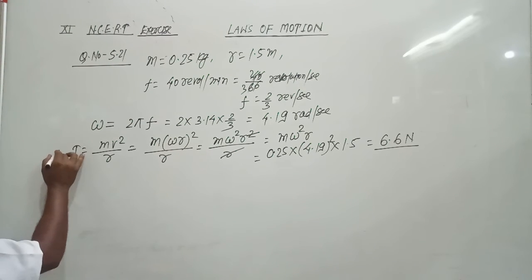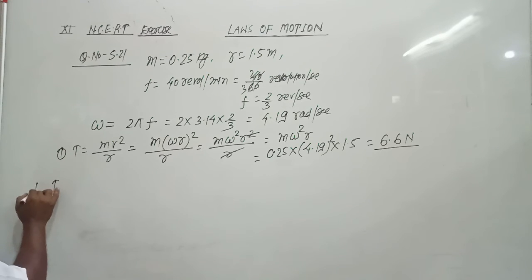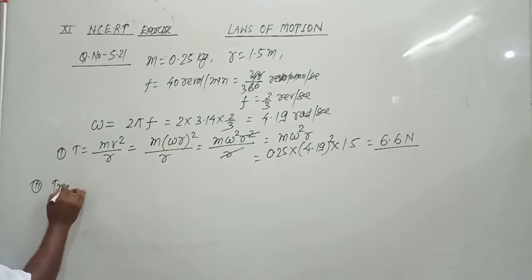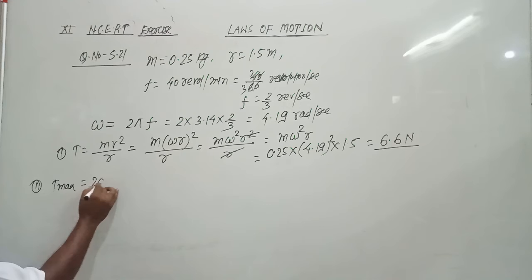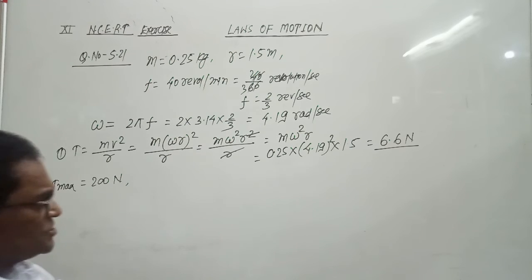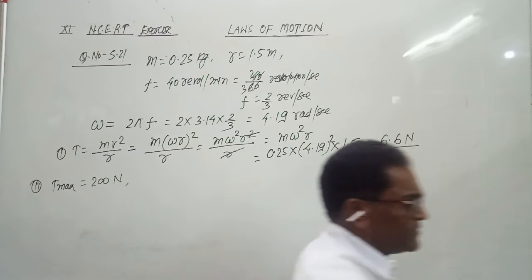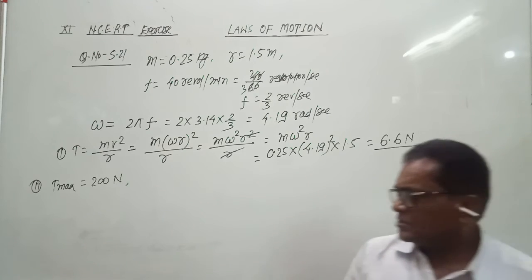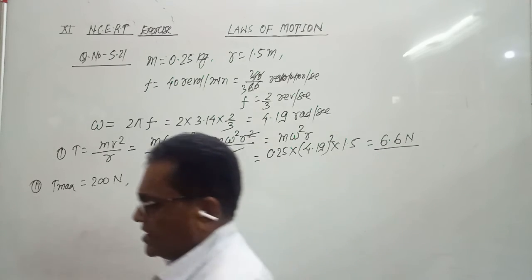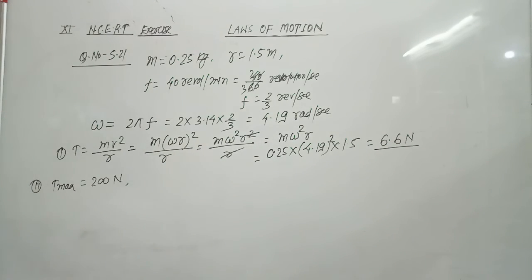For the second part, T maximum is given as 200 Newton, and we have to calculate the maximum velocity by which the stone can be whirled so that it exerts a maximum tension of 200 Newton.